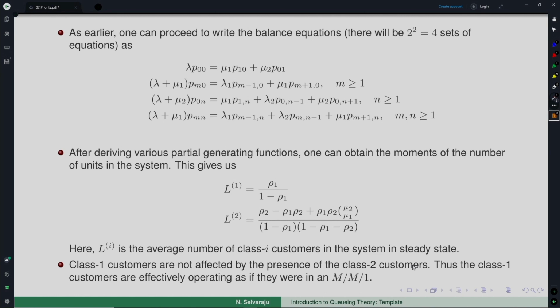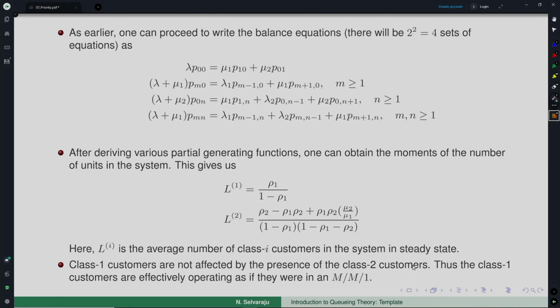You have a simple MM1 queue, and now you are putting in one more class of customers: whenever the server is free, you decide to serve someone from another stream that could be of lower priority. Whenever your priority customer comes, you stop the other in between and then you start serving him. That is the model you can think of in this particular situation. So, this is the preemptive case.